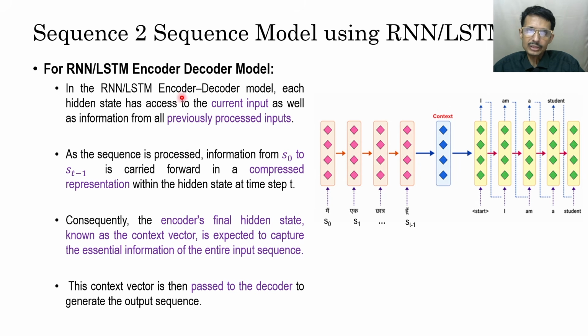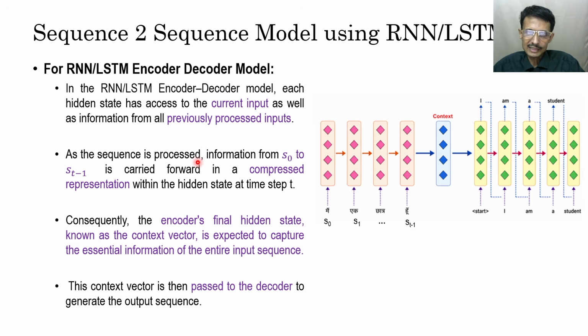In this RNN LSTM encoder decoder model, each hidden state, so these are the hidden states, accesses the current input, these are the current inputs, as well as the information of all previously processed inputs. This particular hidden state takes input from the previous layer and the current input. So the two inputs are, as in any RNN LSTM, normal.